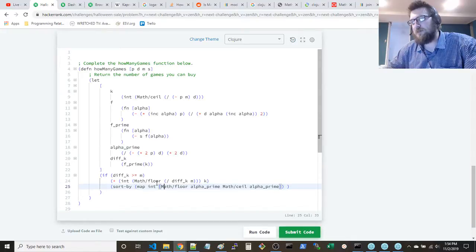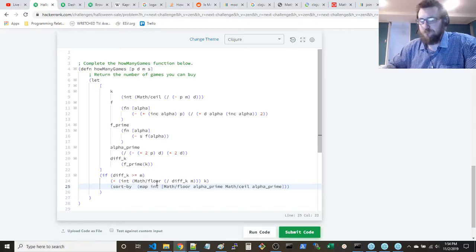So we can map this to get a sequence, right? Or we get this vector, then we can map integer to get this sequence, and then we can sort these by this function f prime.